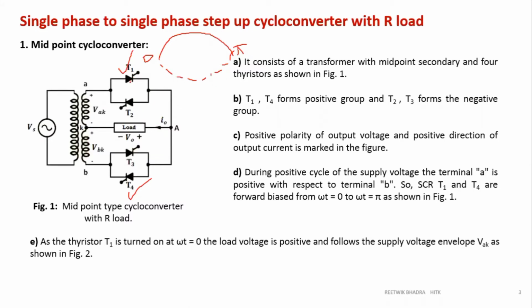Now, if you turn on T1, what does your common sense tell you? What will be V0? Obviously VAK, right? Because VBK is not connected through T4. I have not given a gate pulse. So obviously the upper part of the circuit is on. It starts from A plus through T1, through load, through K minus. So this part of the circuit gets completed. So V0 is VAK, right?